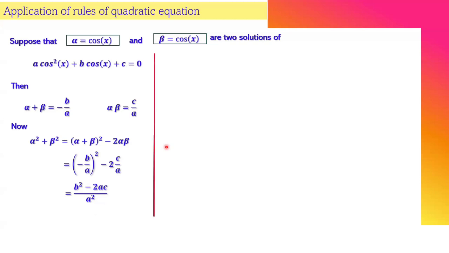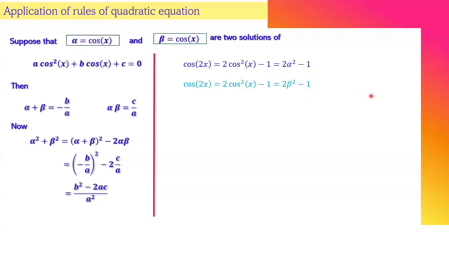Now another formulation which is required to make it for cosine 2x: we need to get a relation between cosine x and cosine 2x. So cosine 2x can be written as 2 cosine square x minus 1. If you consider alpha equals cosine x, then it will be 2 alpha square minus 1. Same way, cosine 2x with beta will be 2 beta square minus 1.